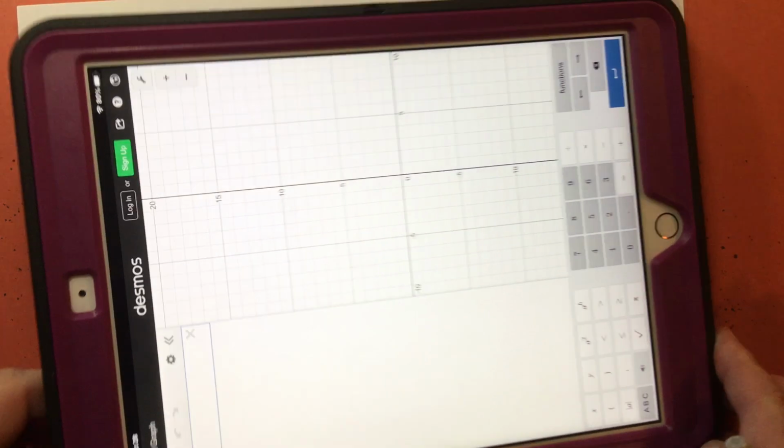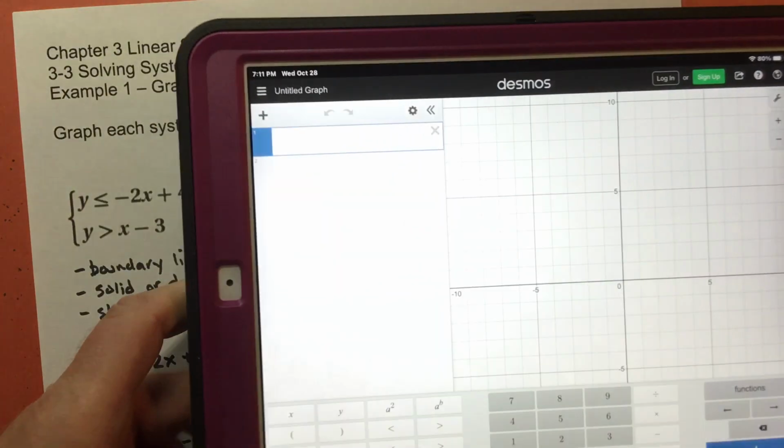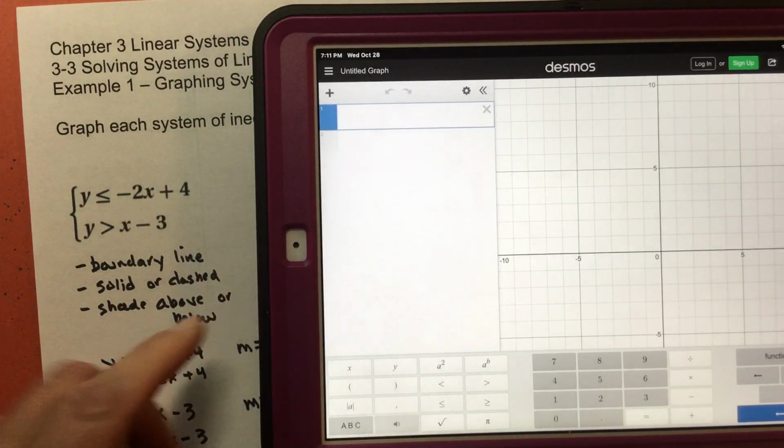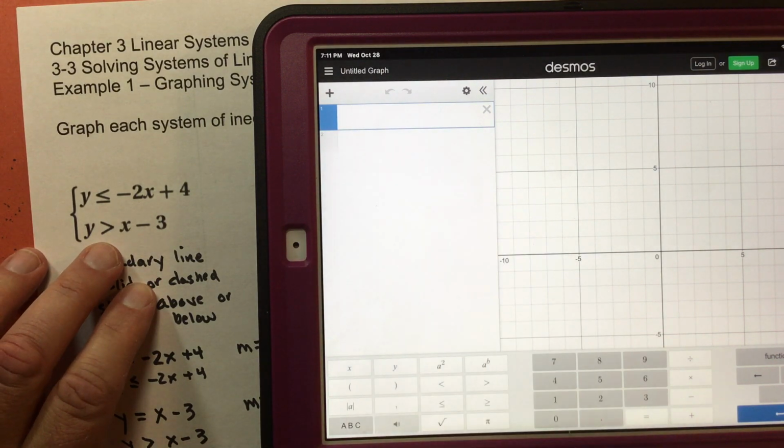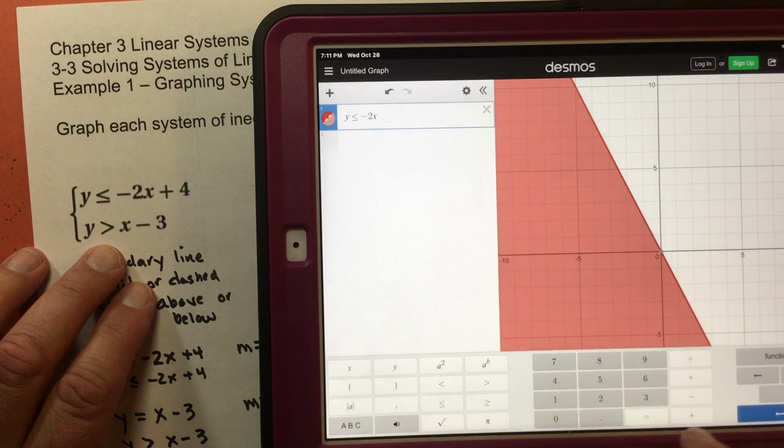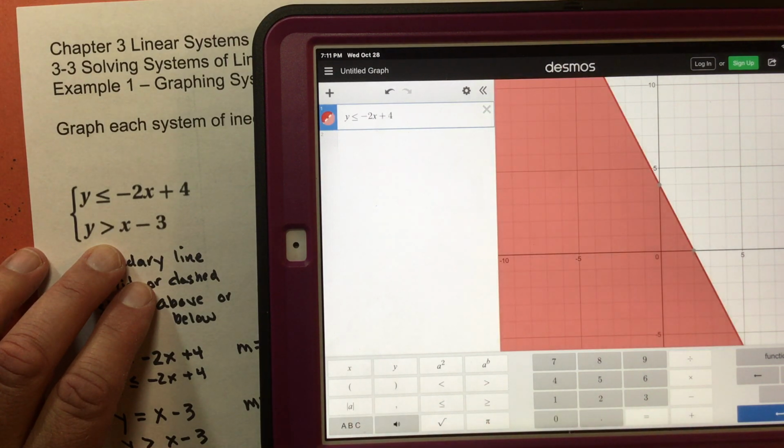You gotta remember what they were. I'll put it right there so you can see it. I always use laptop. Y is less than or equal to negative 2x plus 4.